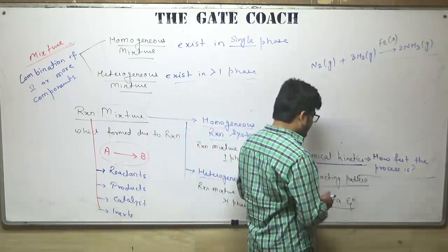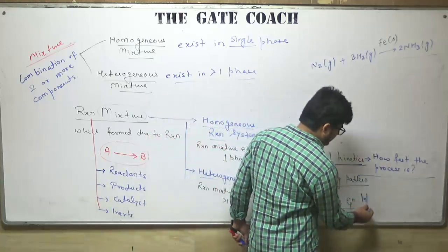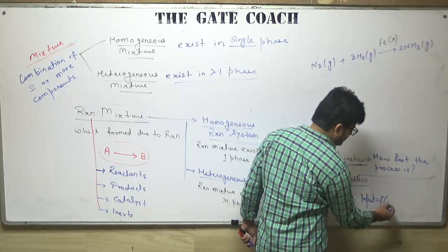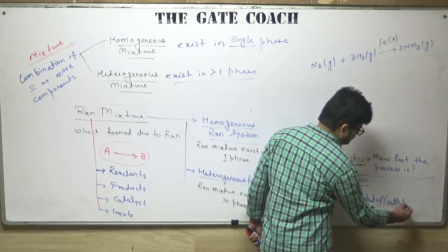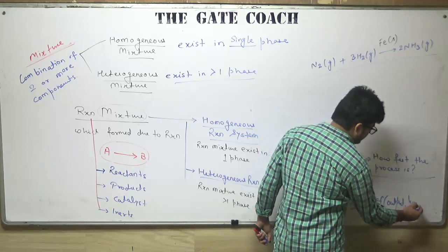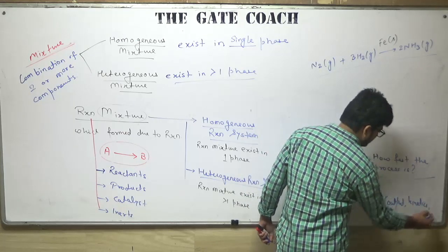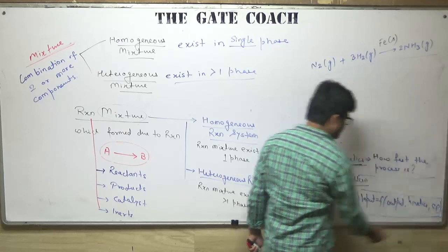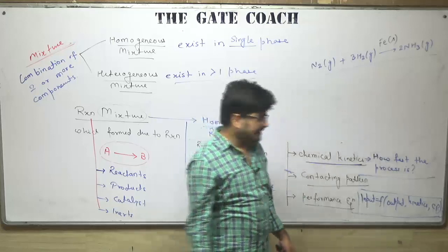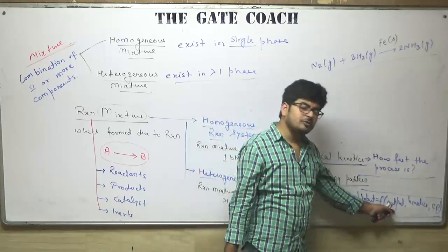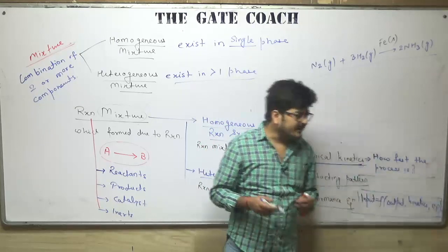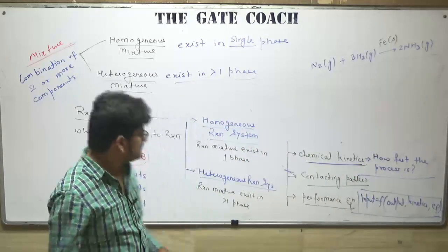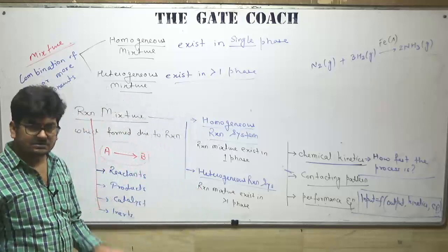So performance equation will be the mathematical equation where we can relate the input variables with output variables, kinetics variables, and variables of the contacting pattern. So now let's start.